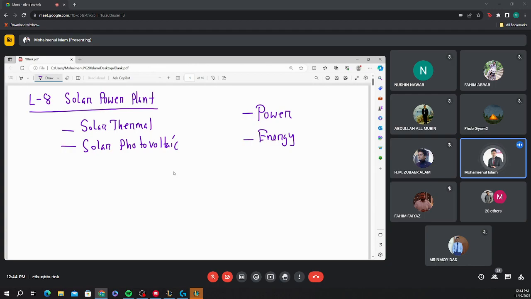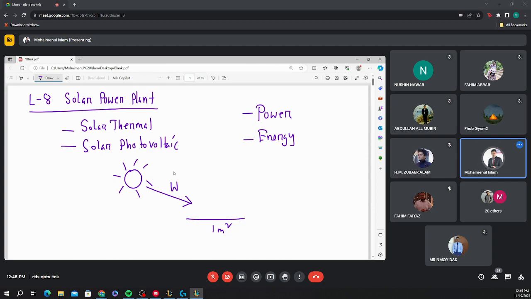Number one, the power. Suppose you have the earth surface, and this is your sun. It has some energy and temperature, and the sunlight or energy falls on the earth's surface. Suppose this earth surface is 1 meter square. The amount of power coming from the sun is represented in watts.